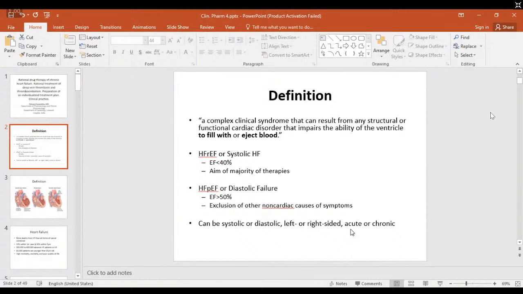It can also be due to an acute aortic dissection, causing acute severe aortic regurgitation. So these are all causes of acute heart failure. And the causes of chronic heart failure, we're going to be focusing more on them today.